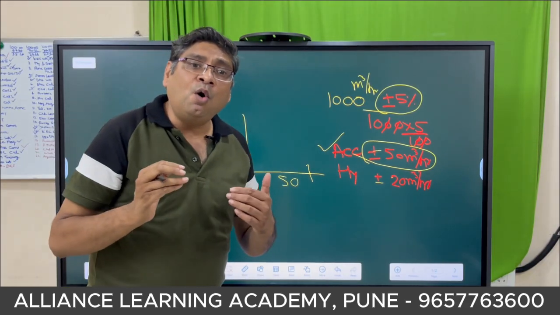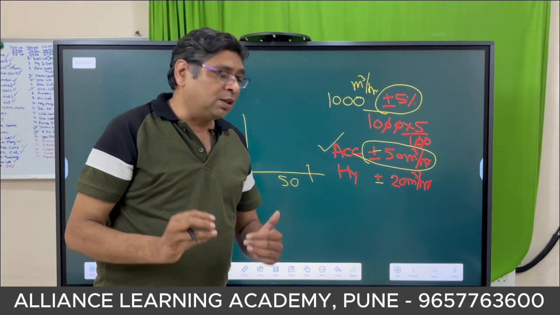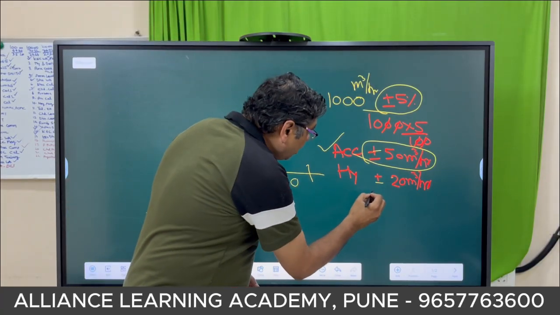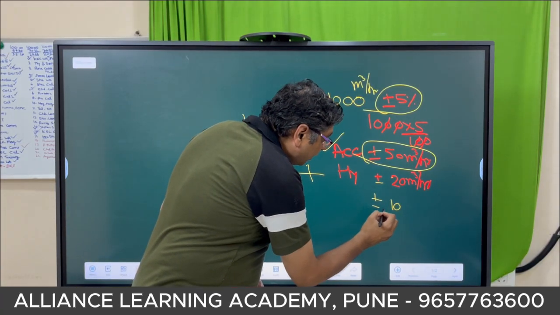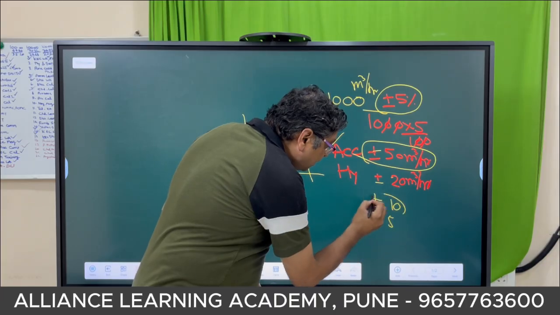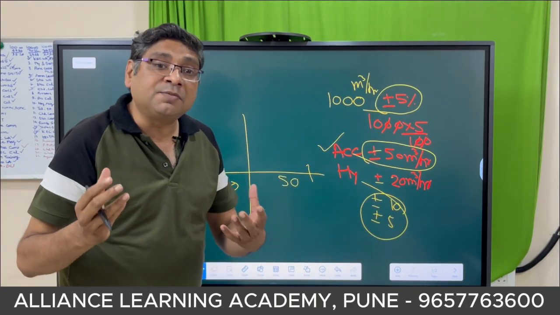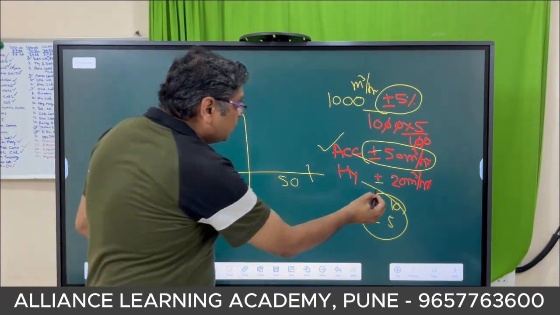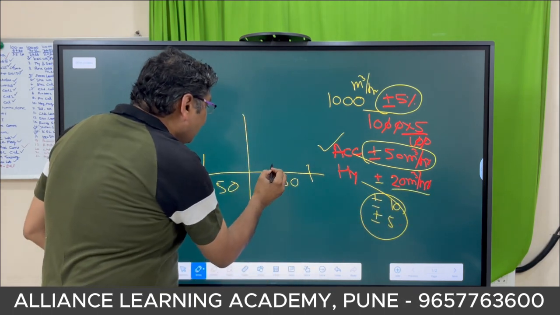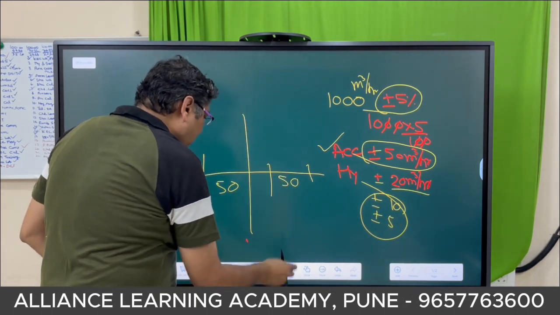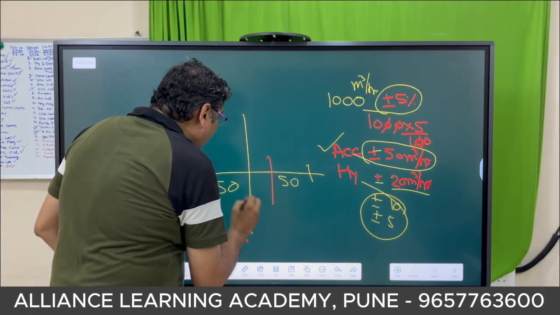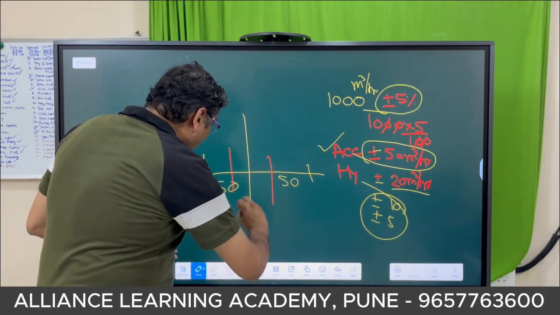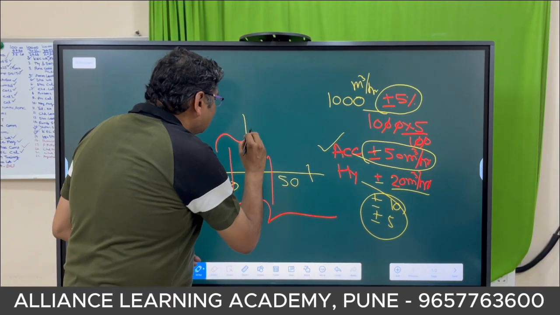If I want a more accurate flow meter, then my hysteresis should be low, 10, 5 in this range. Then my accuracy is better. But if the hysteresis is at 20, it is coming somewhere here. Then my accuracy band is this and my hysteresis band is this.